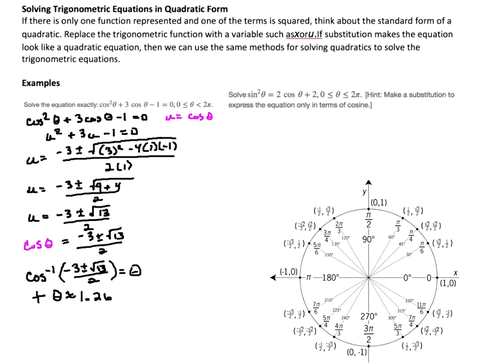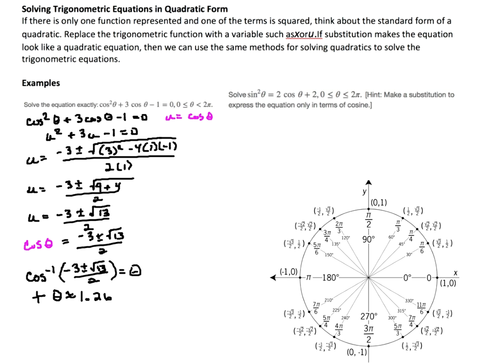Now, when we put arc cosine of -3 minus the square root of 13 divided by 2, we get an error in our calculator. And that's because the domain of arc cosine is -1 to +1, which is the range of our cosine. So when we put that in, we get an error.